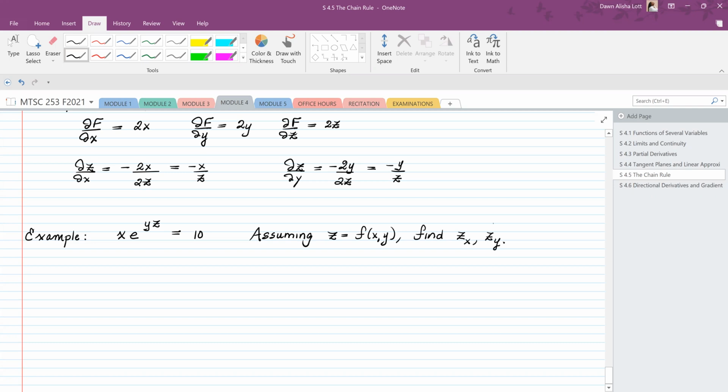Now, I could solve for z. One way I could do it would be to get e to the yz is equal to 10 over x, and then take the log of both sides: yz is equal to the log of 10 over x, and then divide that by y to get z.